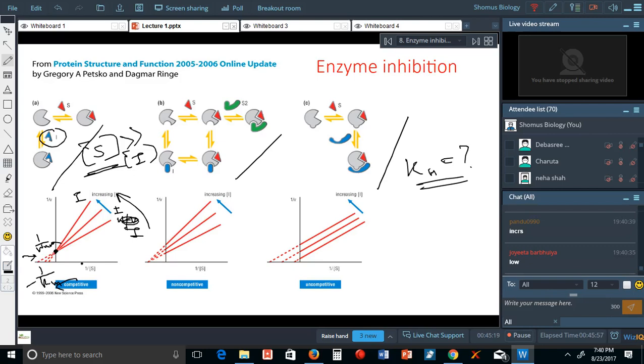So imagine we are going towards 0 and the value of Km is like this.